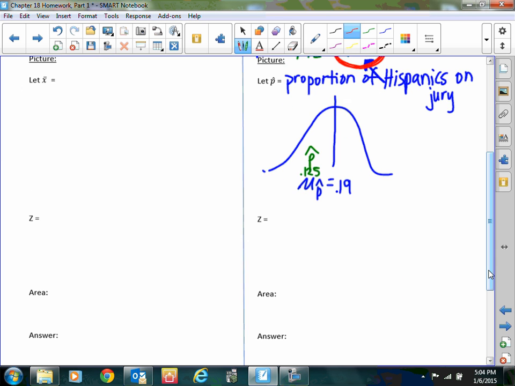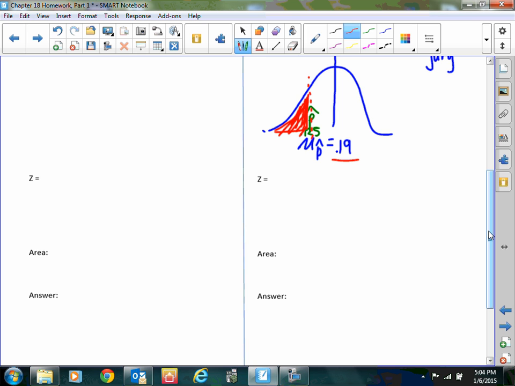That would be pretty much if you got something that was at 0.125 or less. I mean, we want to see what this probability is here, because if that is a low amount, that's going to make us call into question if this 0.19 is actually the true proportion of Hispanics that get sampled for the jury.